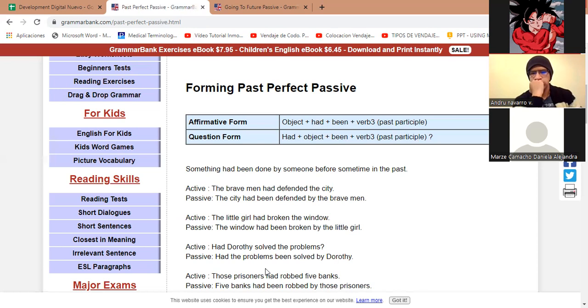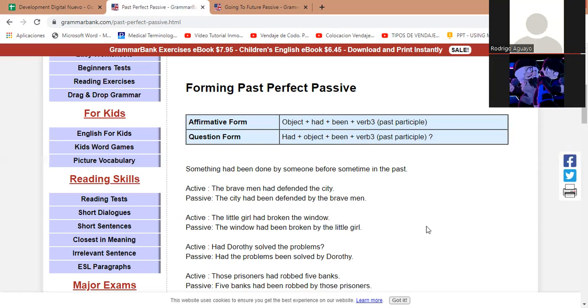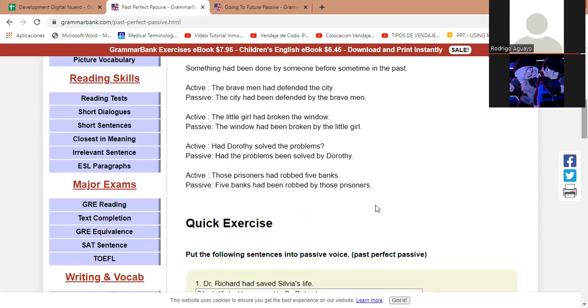Passive voice. All right, and the next example, let's go with Andrew. Can you read the next example, please? Okay, active. Those prisoners had robbed 5 banks. Passive. 5 banks had been robbed by those prisoners. Okay, very good. So everybody gets it. Those prisoners are doing the action.